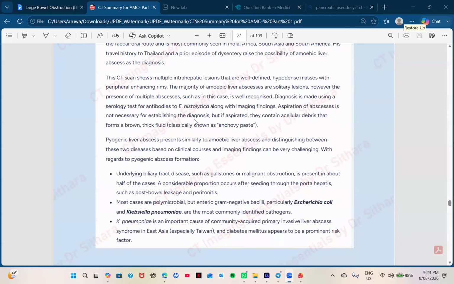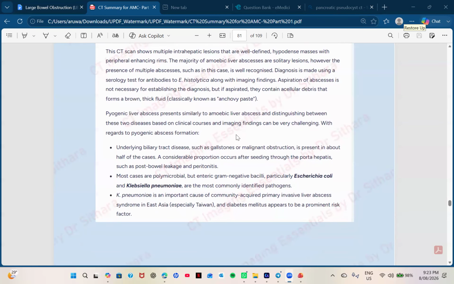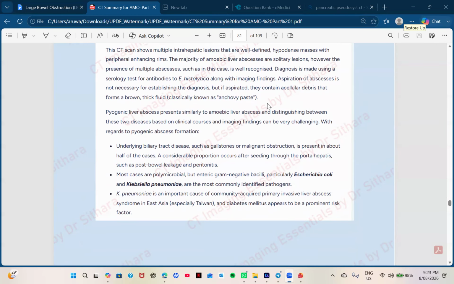Diagnosis is made by serology testing for antibodies to Entamoeba histolytica along with the imaging findings. Aspiration of the abscess is not necessary for establishing the diagnosis. But if aspirated, they contain cellular debris forming a brown thick fluid called anchovy paste.